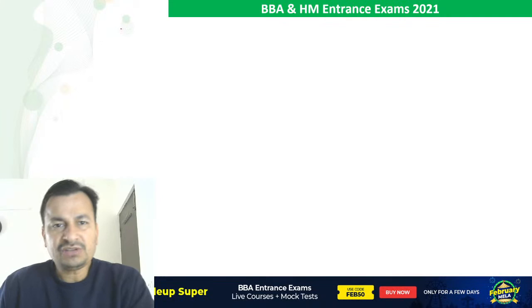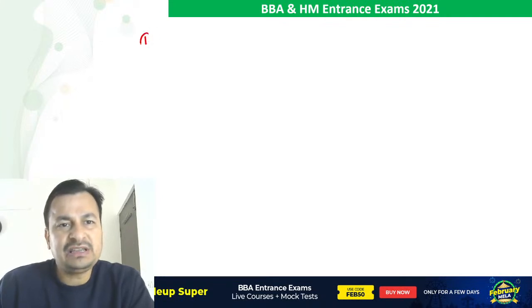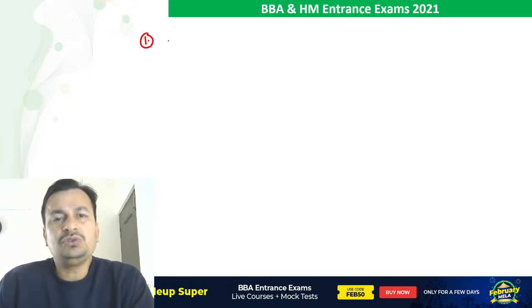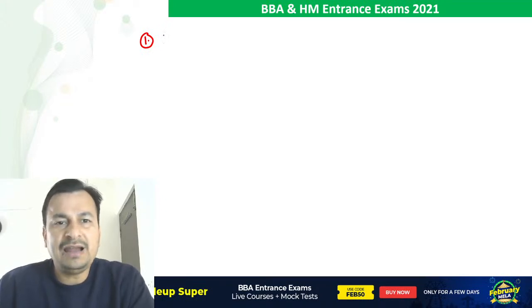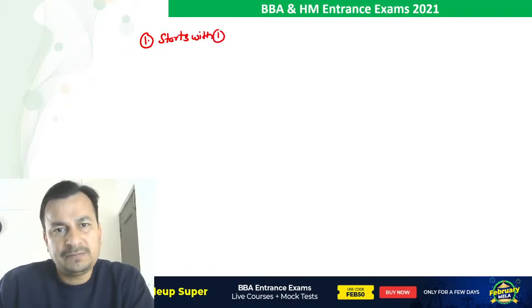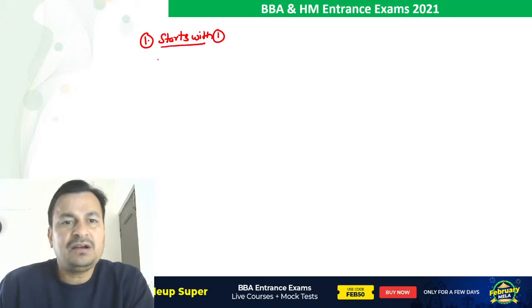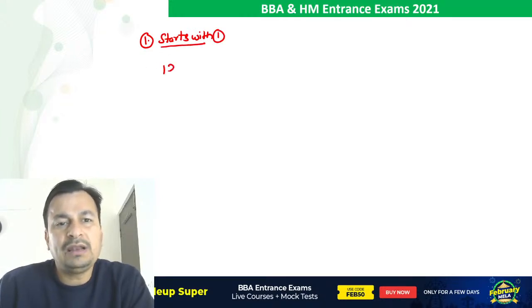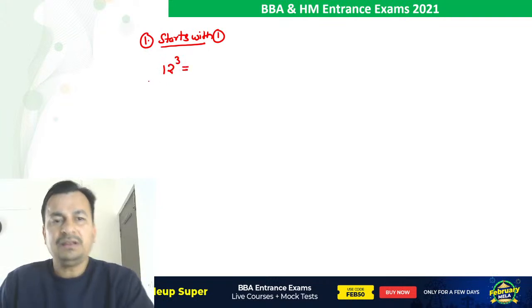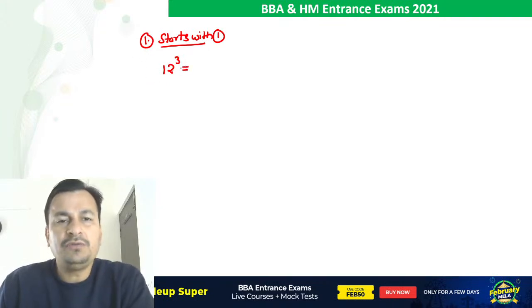For example, if I want to calculate the cube of 12, what is the process to calculate the cube of a 2-digit number that starts with 1? Listen very carefully.